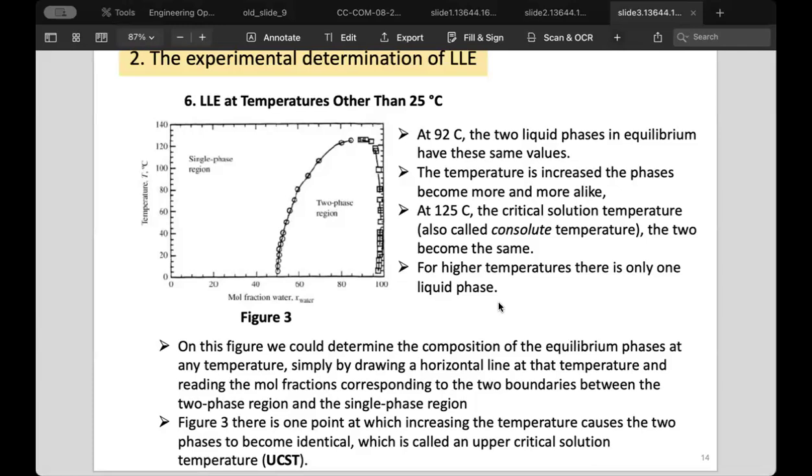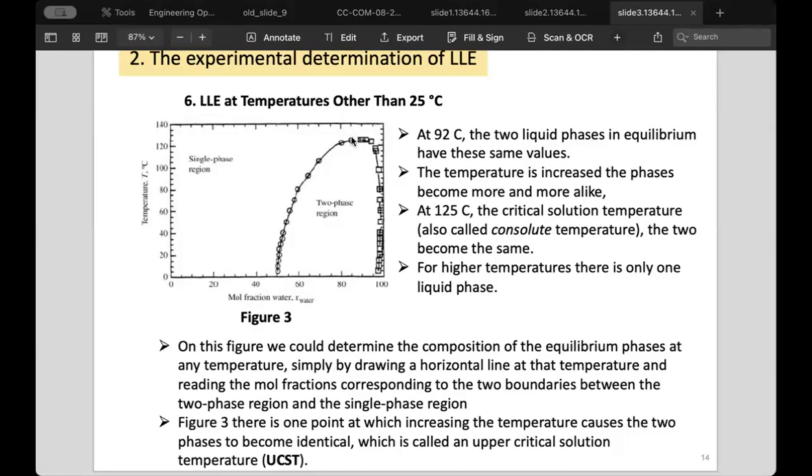For example, look at the horizontal line at 40 degrees Celsius. At 40 degrees Celsius, we can form two phases from this concentration to this concentration, approximately. And if you increase the temperature to 100, you can only form a two phase region from this concentration to this concentration, right?